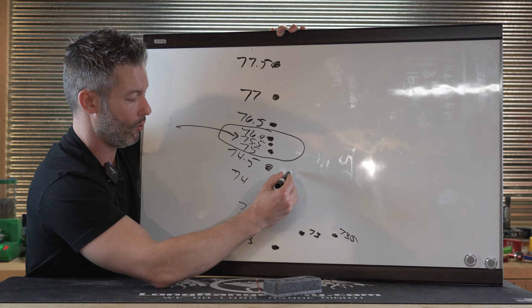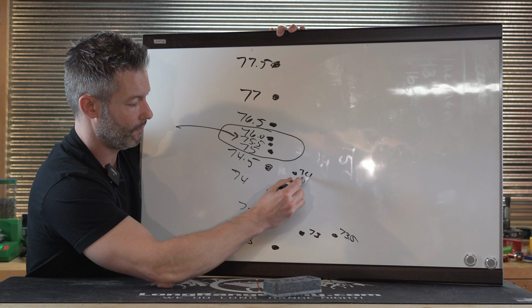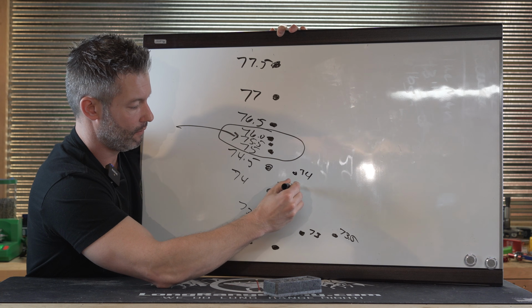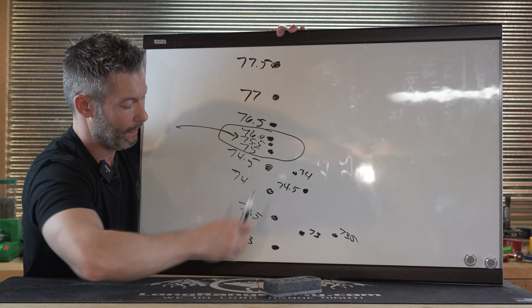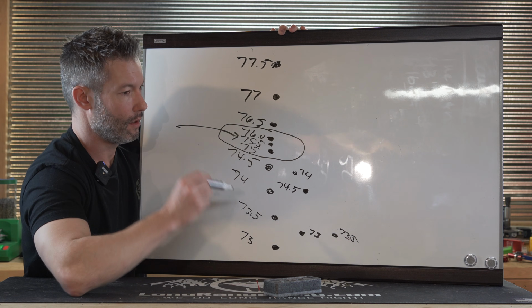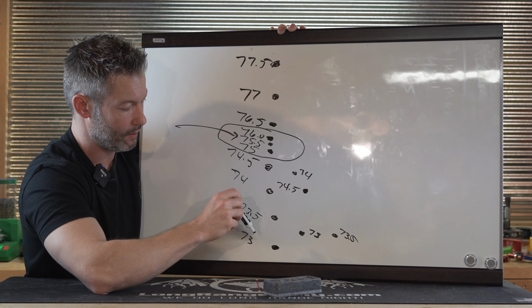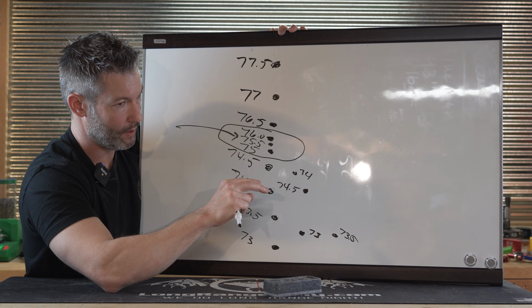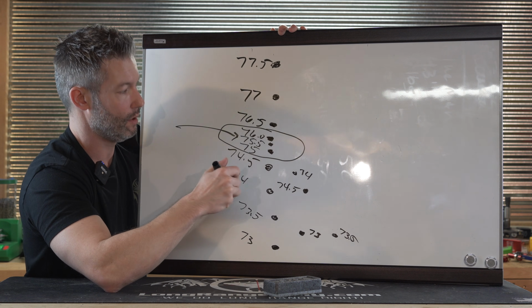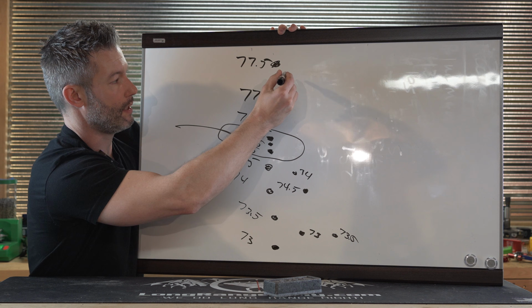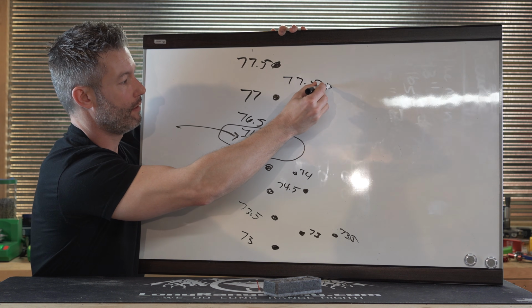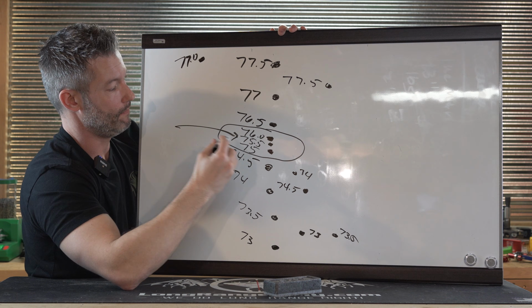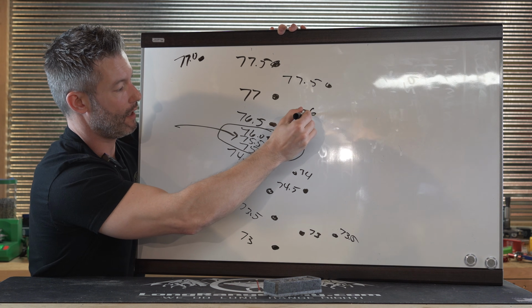But this 74 could hit here, this 74.5 could hit here. But in my experience, this is also one of the reasons why I shoot two. We're going to go up here, let's say 77.5, say 77 hit over here, and then let's say 76.5 hit here.